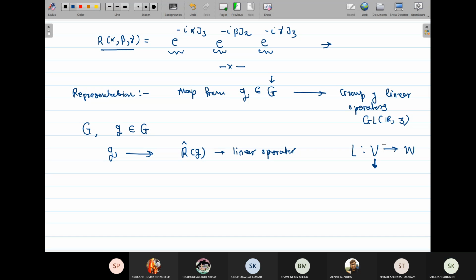It is a general linear group of linear operators, and since it is a group, there must be an inverse element, so I should have invertible operations. That means in general the dimension of V and the dimension of W should match. Without loss of generality, I will say that these linear operators take the vector space to itself.